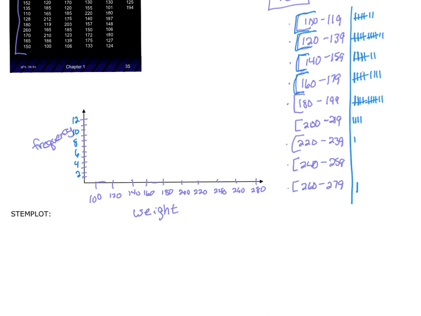So from 100 to 119, really, up to 120, there are 7 values. Between 120 and 140, there are 12 values. Between 140 and 160, there are 7 again. And between 160 and 180, there are 9.